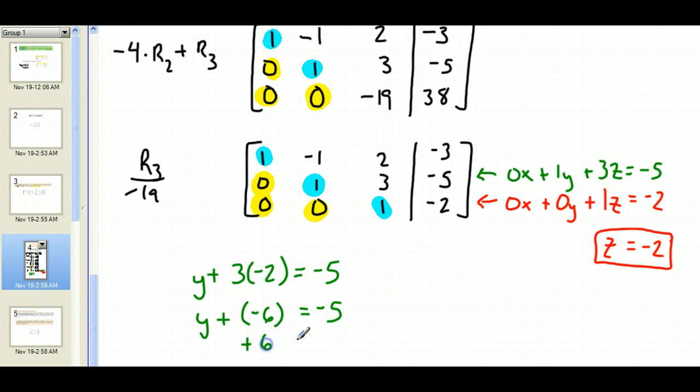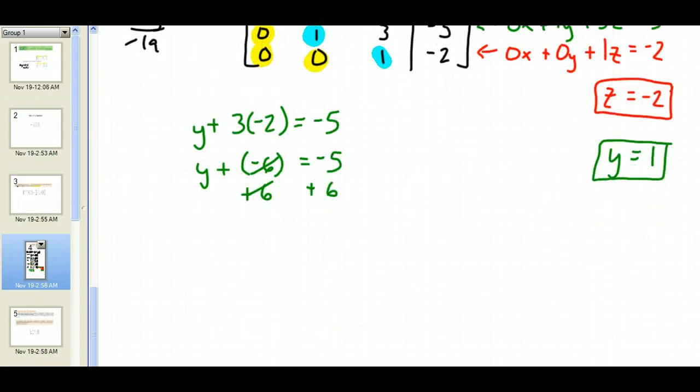So add 6 to both sides, and we get y equals 1. Again, this is what we call the back substitution step, when we take that z and work our way back up to y and x.